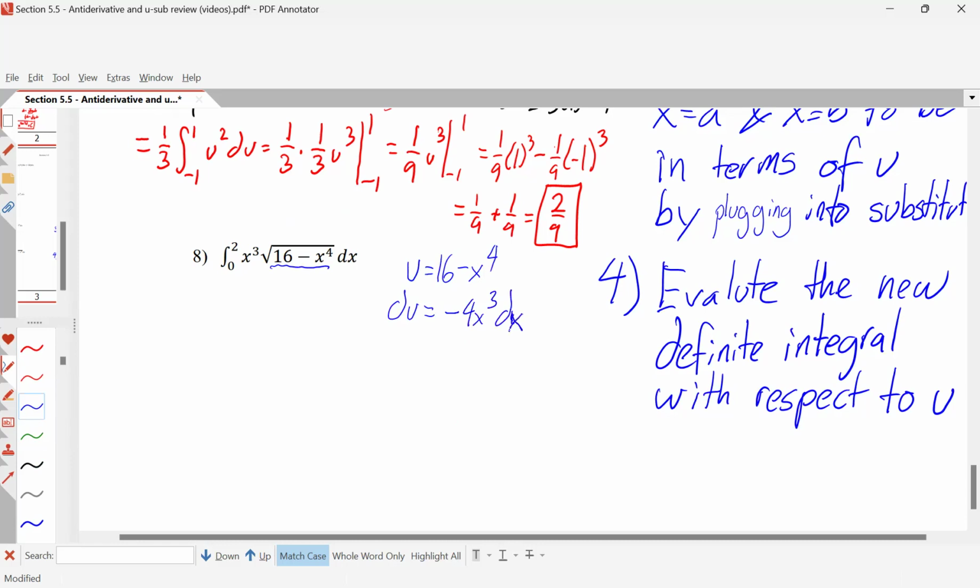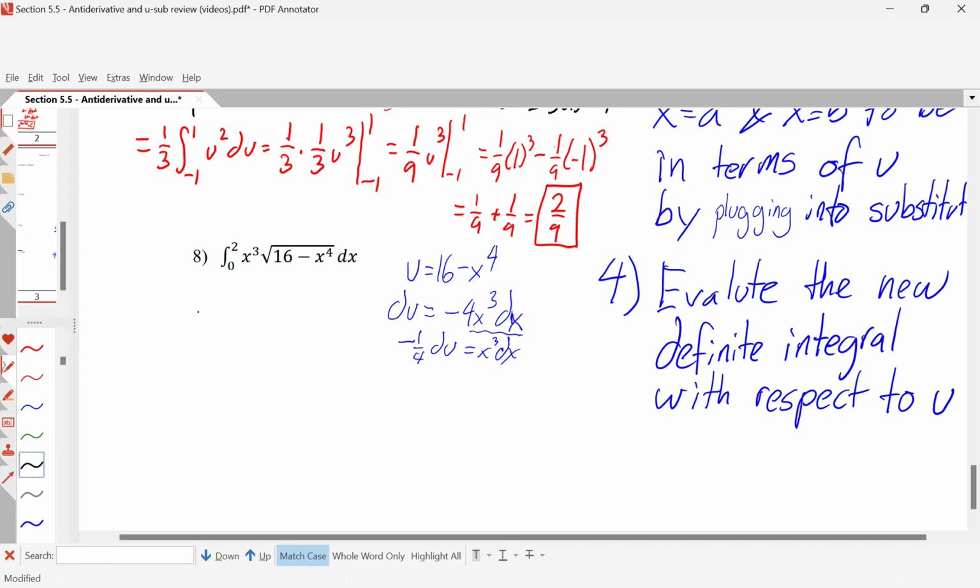So that gives us a good indication we are taking this correctly because x cubed dx appears in our integral. So that x cubed dx is going to become a -1/4 du.